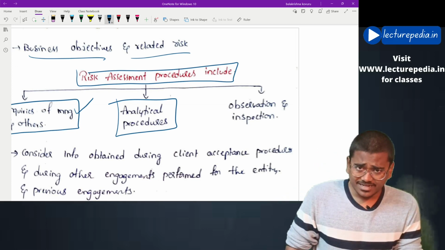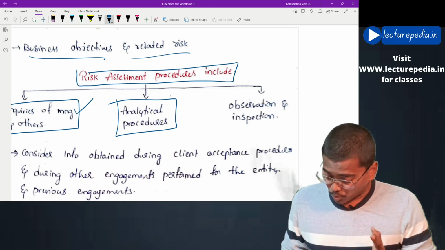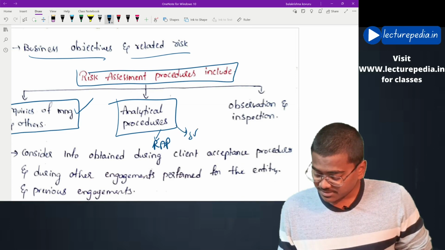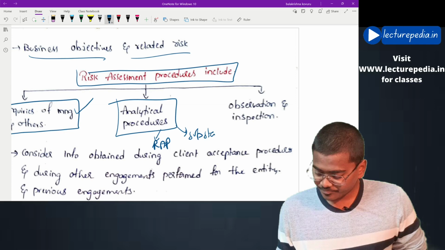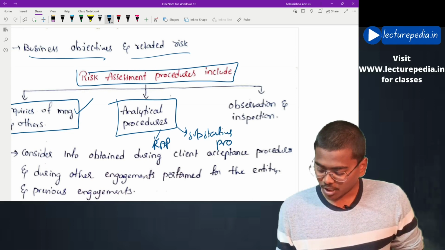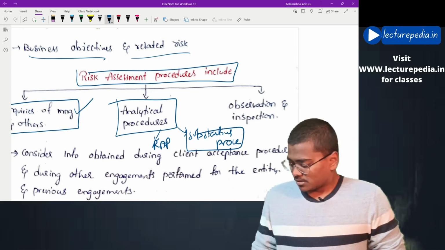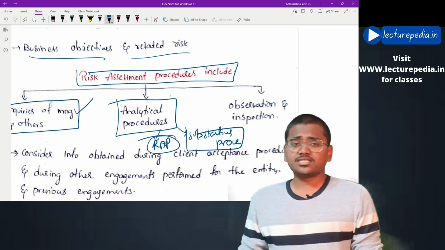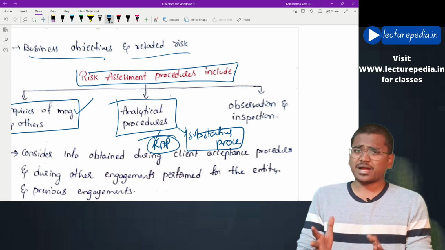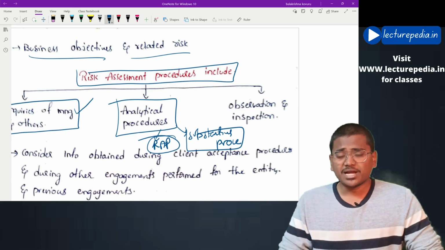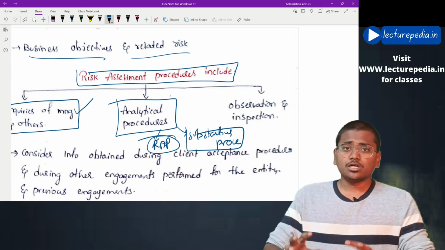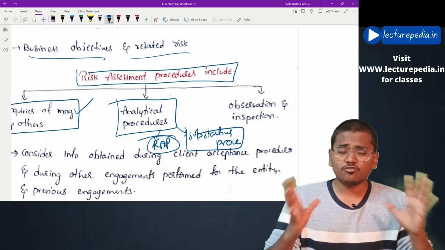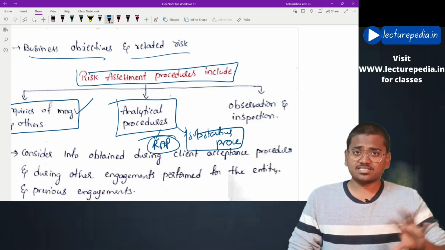Next one, analytical procedures. These analytical procedures can be used as both risk assessment procedures as well as substantive procedures. How? For example, analytical procedures as risk assessment procedures. Let's say the entity is a manufacturing entity. It will have a lot of plant and machinery. In the balance sheet there is a lot of plant and machinery on the assets side.